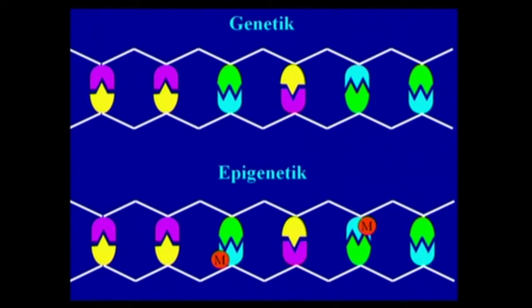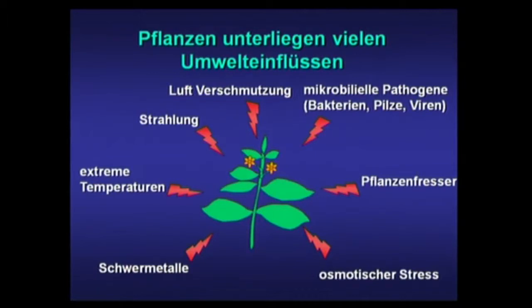It may be a methyl group that plays a role. Small RNA molecules may play a role. The proteins that lead to the twisting of DNA may change in structure and function, and the gene expression is changed that way.